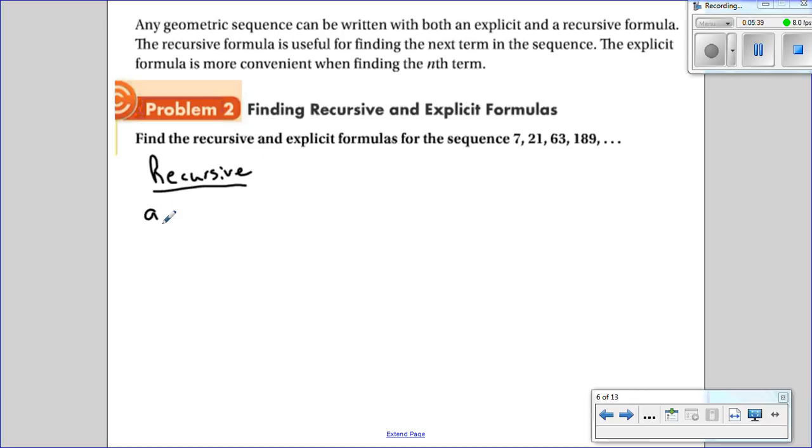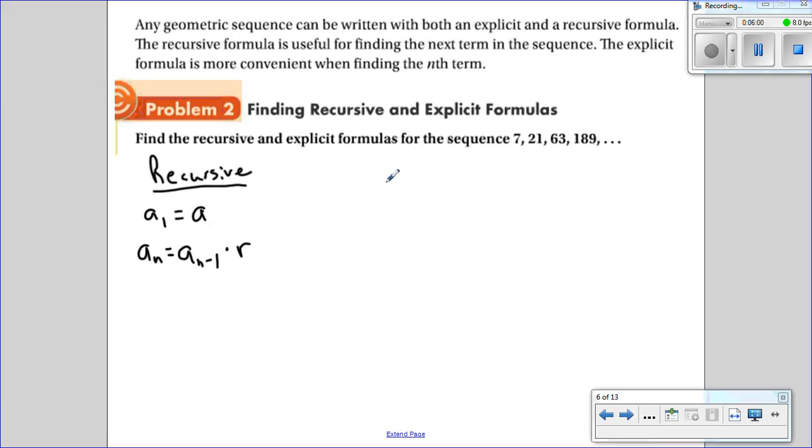We need A1 and we need the formula, which is this. Okay, so we need A1 and we need our formula. A1 is your initial, so we'll just call it A.